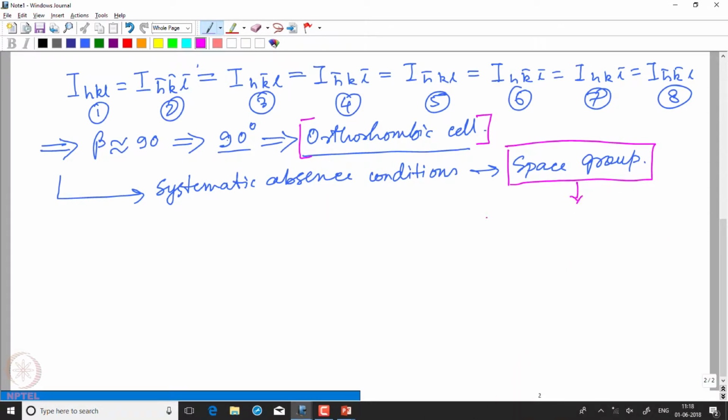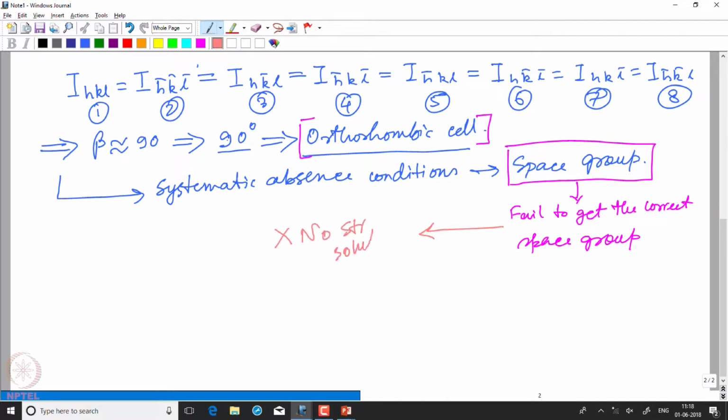So the systematic absence condition will fail to determine the correct space group. What can happen in turn? Because of incorrect space group, no structure solution, because our structure solution in general works based on the space group that we have determined.